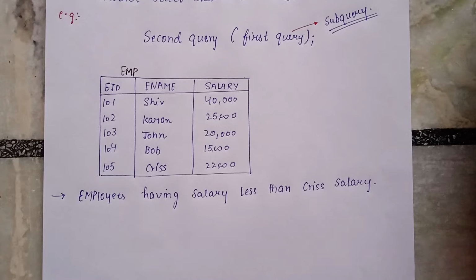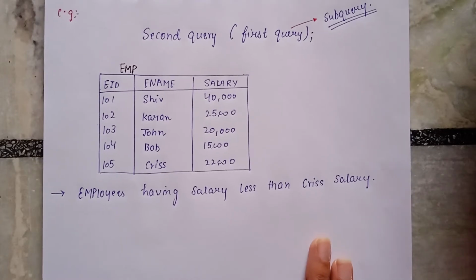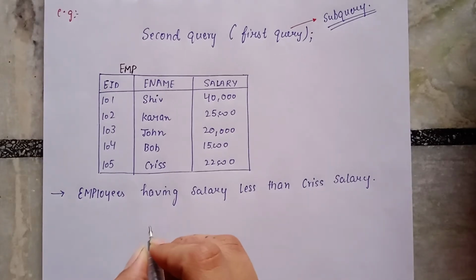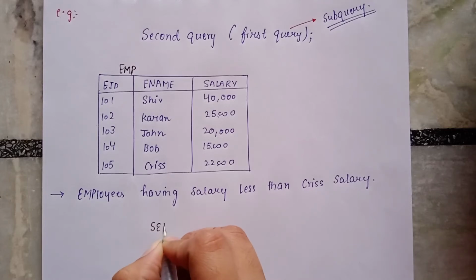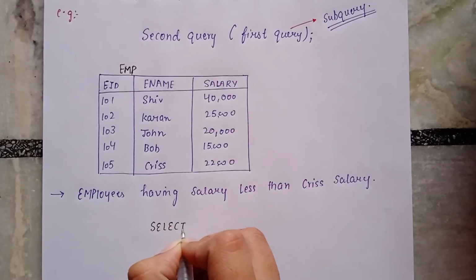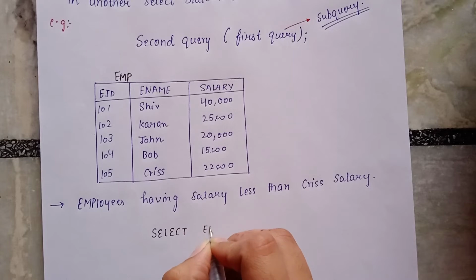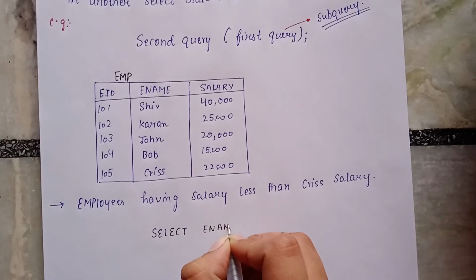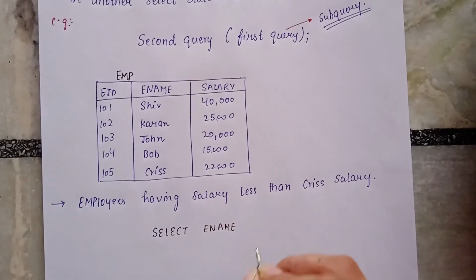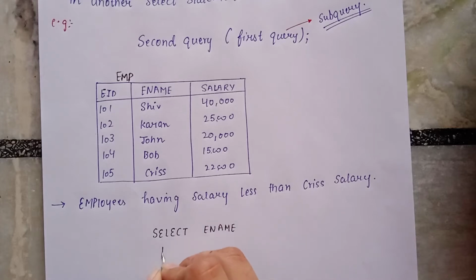So how would we write this query? We will write it like that. Select ename, because we want to find the employee's name whose salary is less than Chris's salary, from, so what is the table?